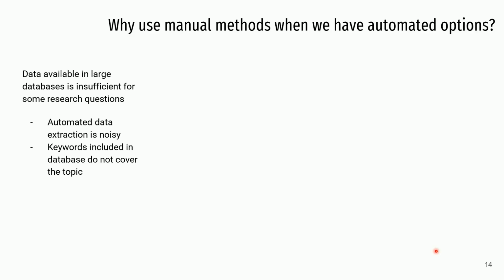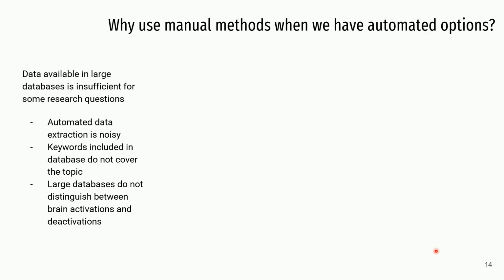Okay, so why use manual methods when we have automated options? Well, the data that are already available in these large databases, like BrainMap or Neurosynth, sometimes they're insufficient for the research question that you want to ask. So on top of that, automated data extraction is noisy.